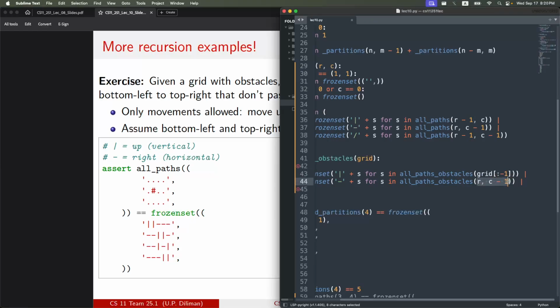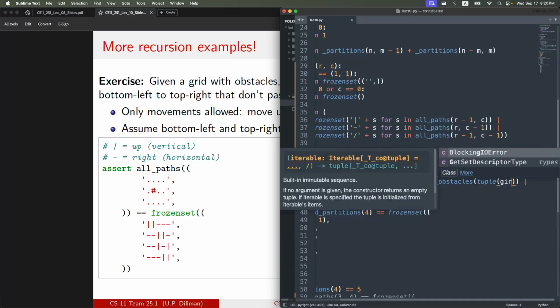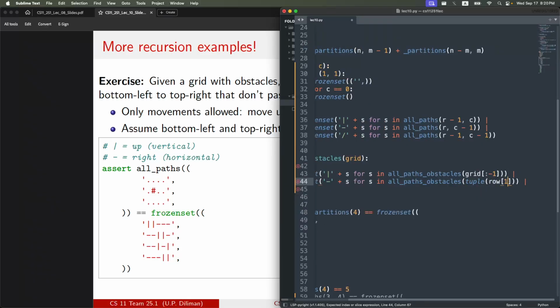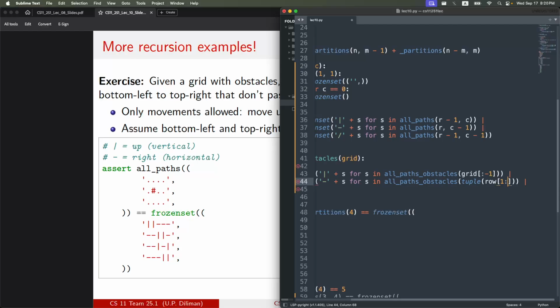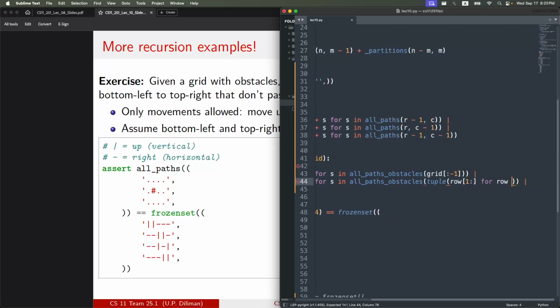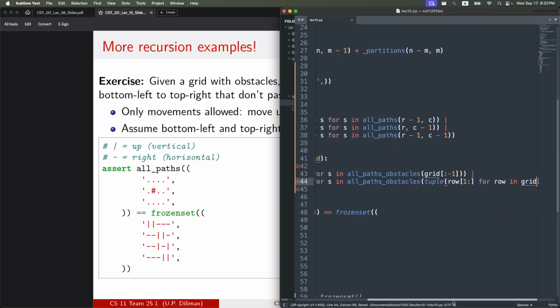Okay, next we want the grid but with the leftmost column removed, so maybe something like row, everything except the first cell, for row in grid. I think that works.